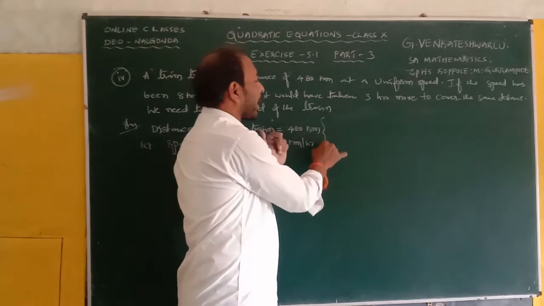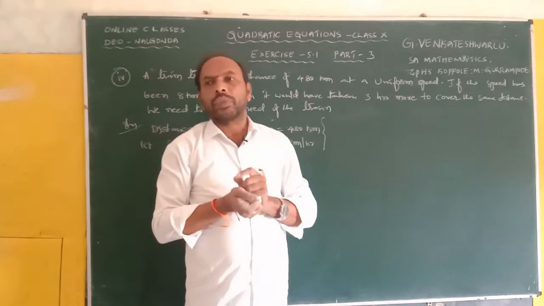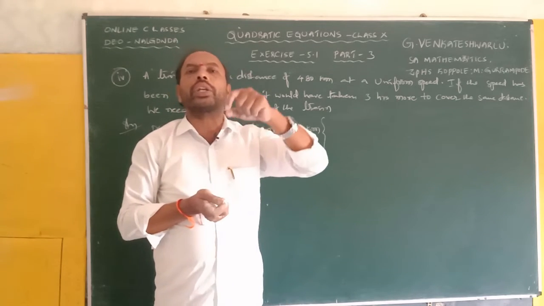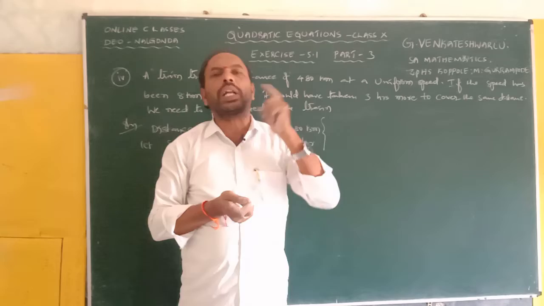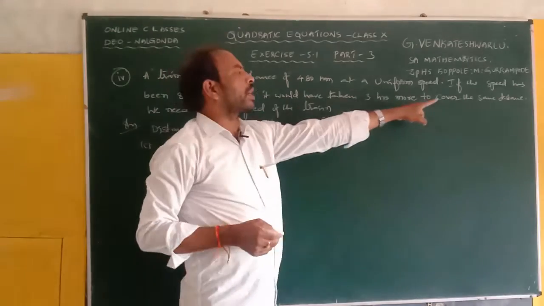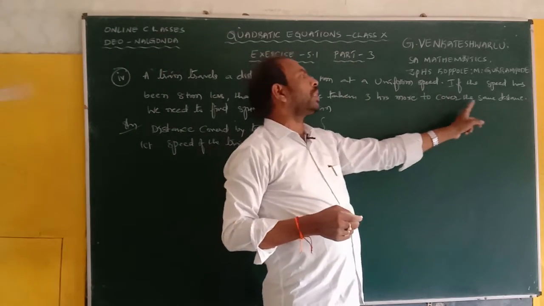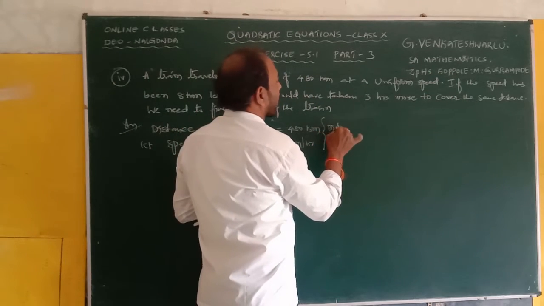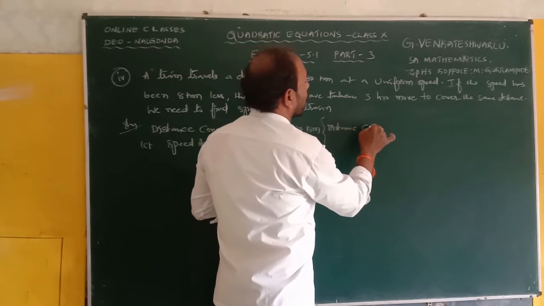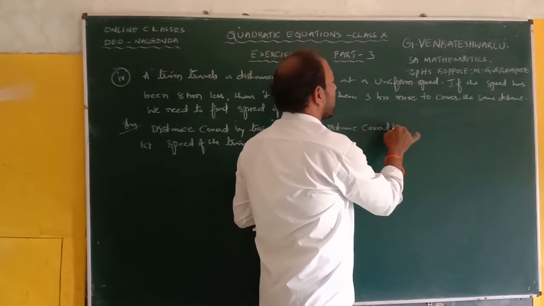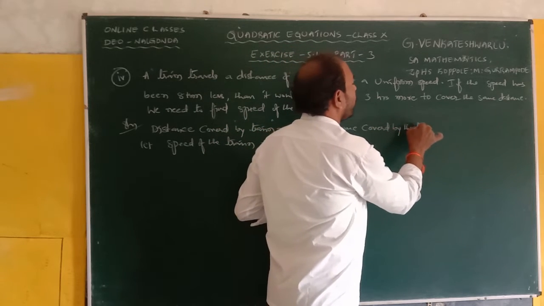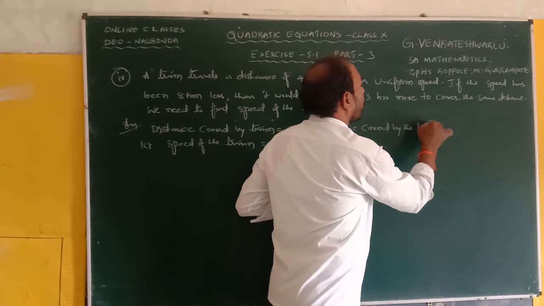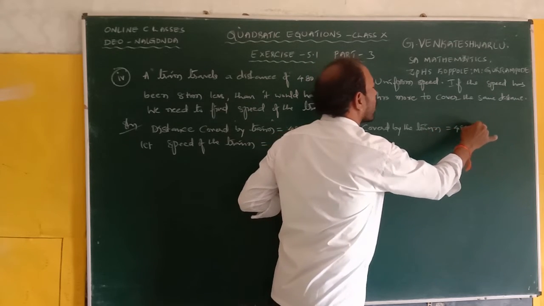And in the second case, it is given that the speed of the train is reduced by 8 kilometers per hour. In the second case, it covered the same distance. That's why the distance covered by the train in the second case is 480 kilometers only.